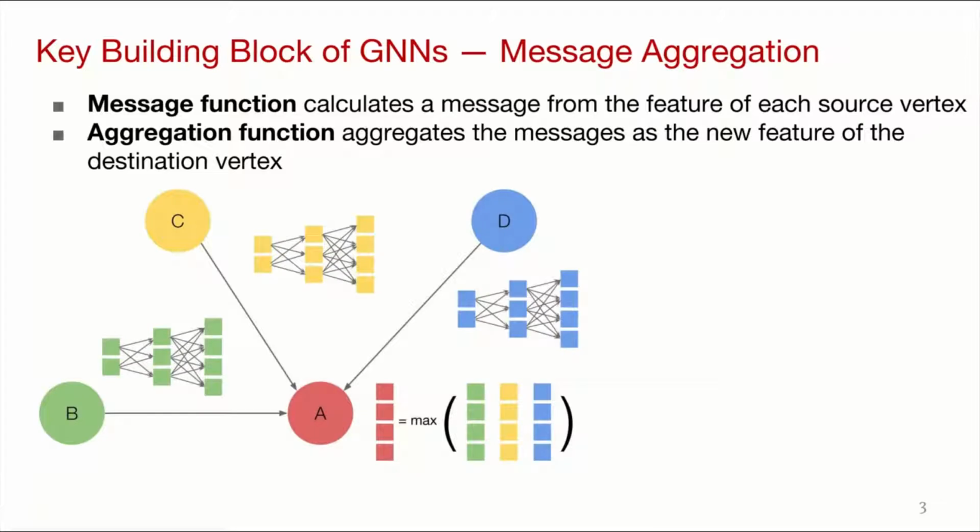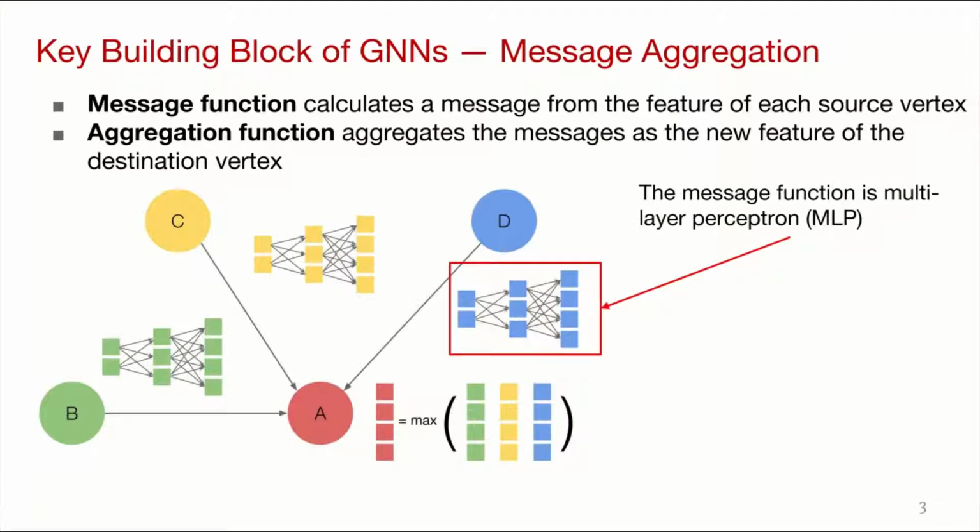The figure here shows a concrete example. We see a graph of 4 vertices and 3 edges. A is the destination vertex, B, C, D are the 3 source vertices. Initially, each source vertex is associated with a feature vector of length 2. The message function in this example is multilayer perceptron, MLP. We apply MLP to each source vertex to generate a message, which is a vector of length 4.